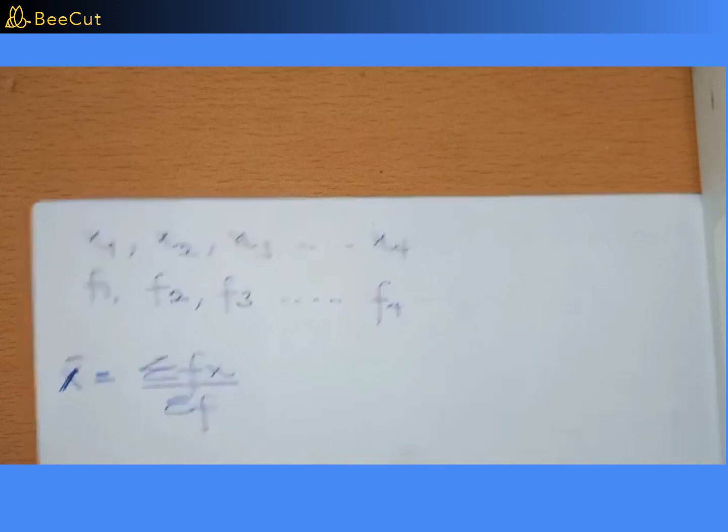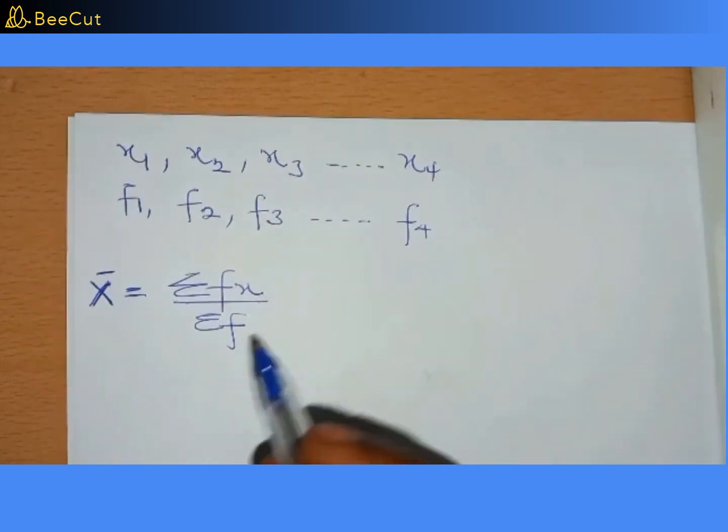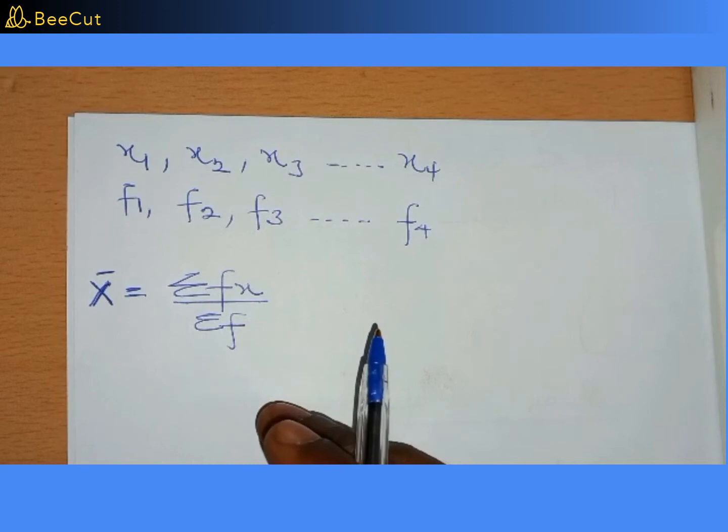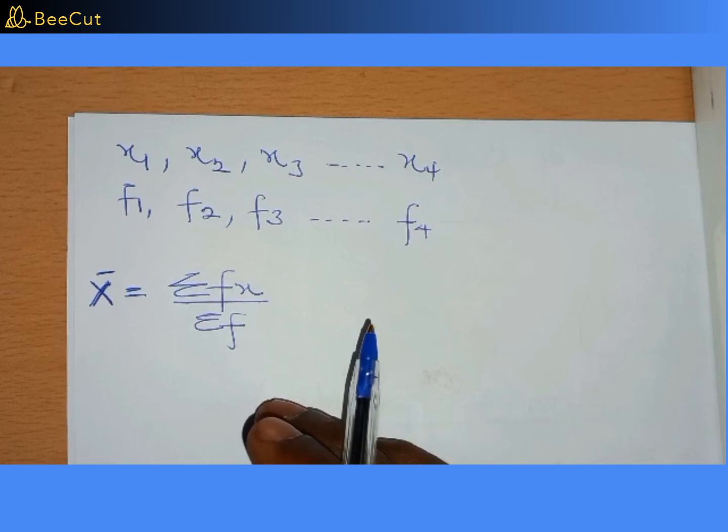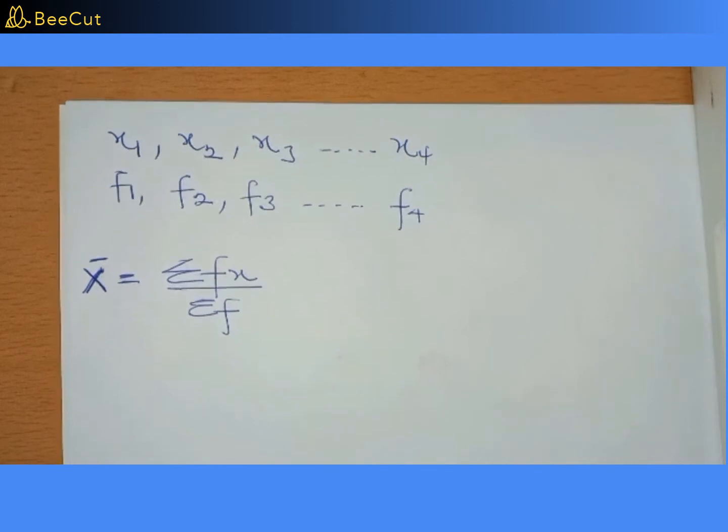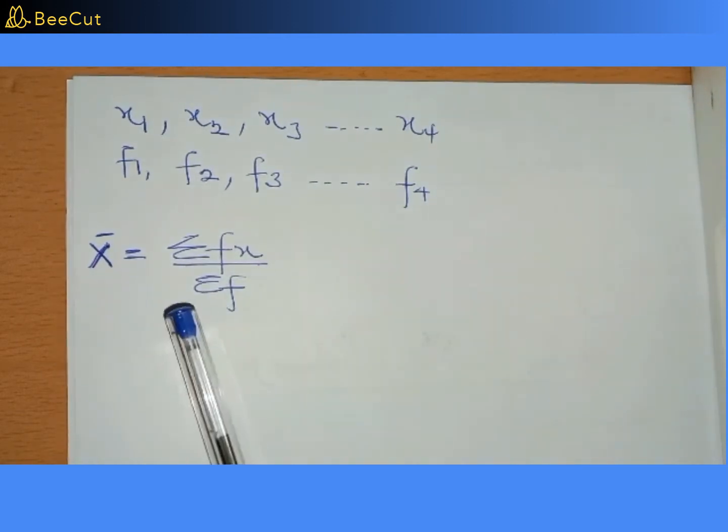Is that okay? It means they are going to give you x values and their corresponding f values, and the f values are the frequencies. So let's take one example under this particular one.